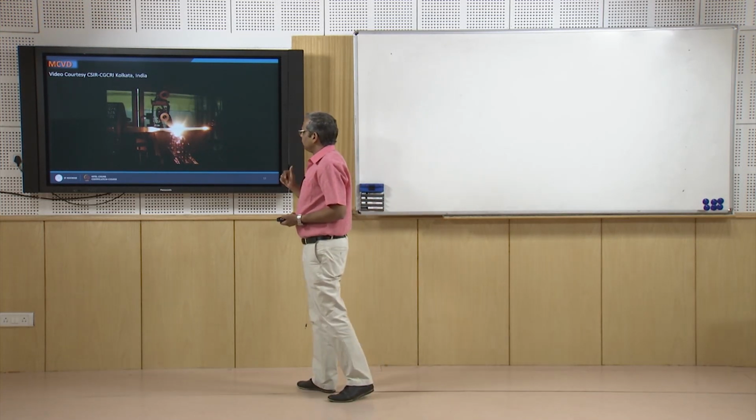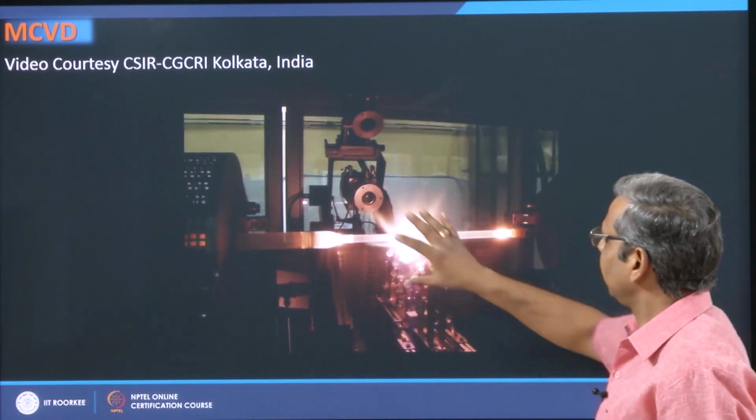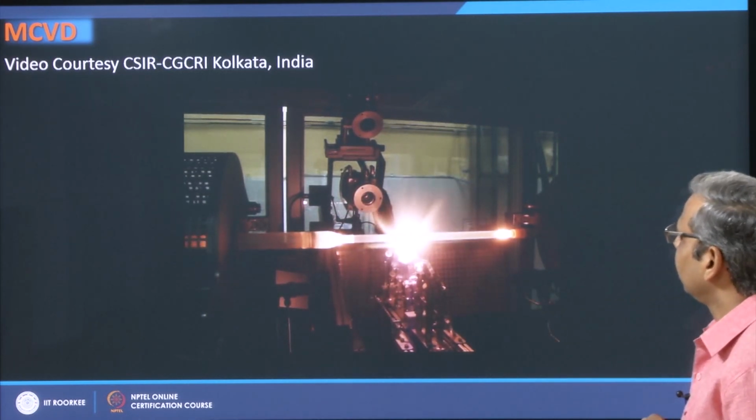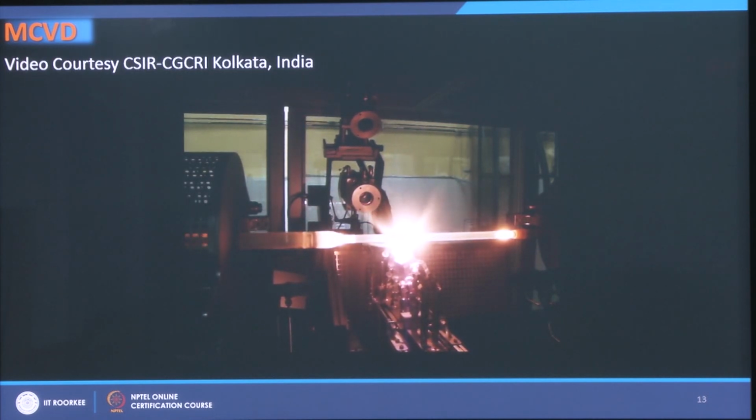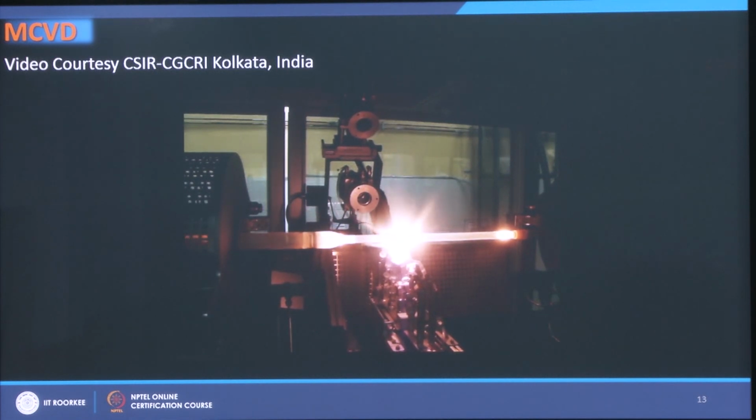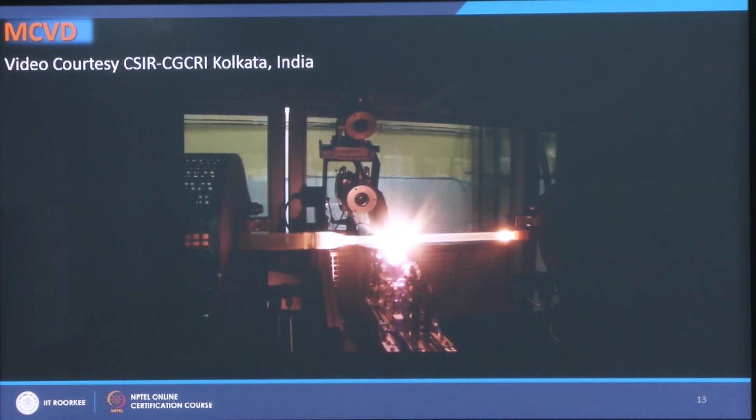Everything is well monitored. You monitor it using a camera. You always monitor the temperature very carefully, and this is a fully automated machine to make the fiber preform.